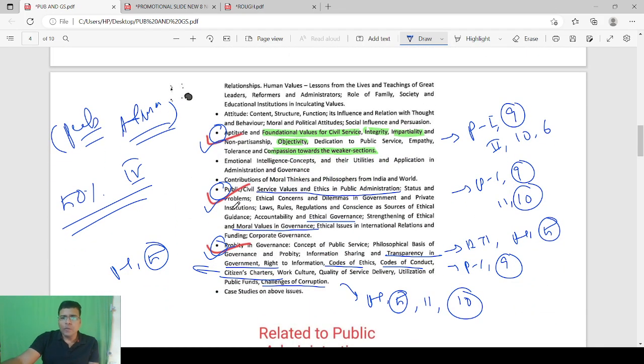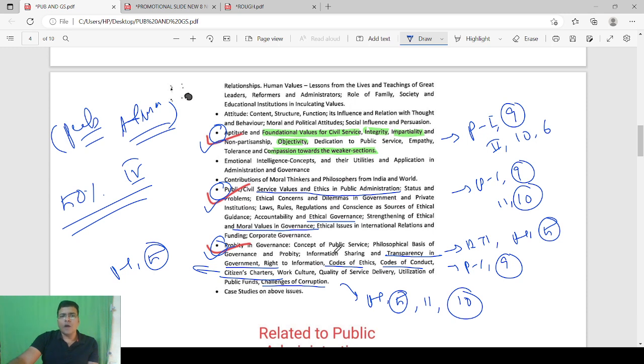Other people also need to read public administration, because Lok Vigyan is now not sufficient in mains. For transparency, RTI, you need to read citizen charter, corruption, integrity, objectivity, tolerance towards weaker sections. This is the value-laden approach of the state. We read this in public administration.